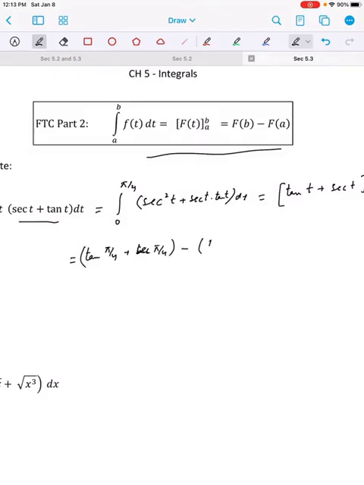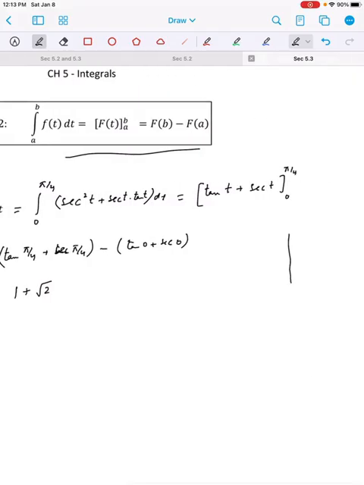Now tangent pi over 4 is 1, secant pi over 4 is square root of 2. And how do we know? Because you can go on the side. Remember, secant t is 1 over cosine t.